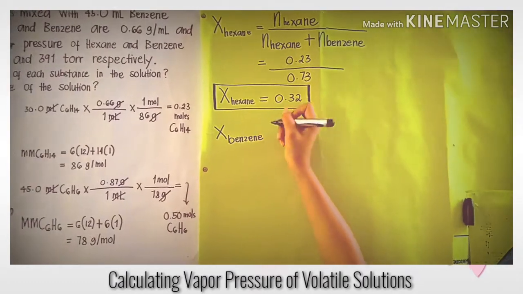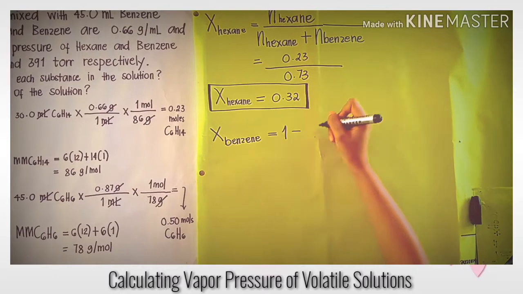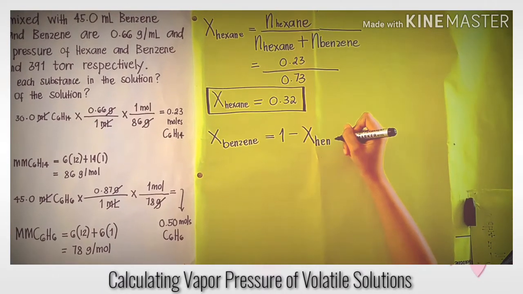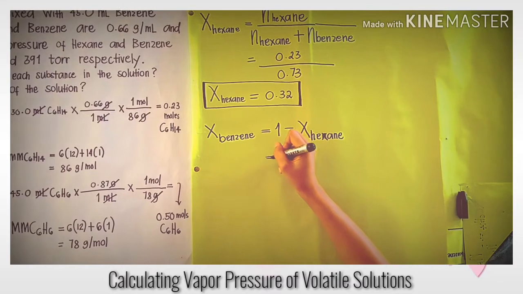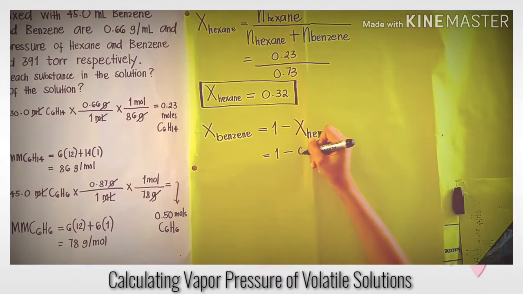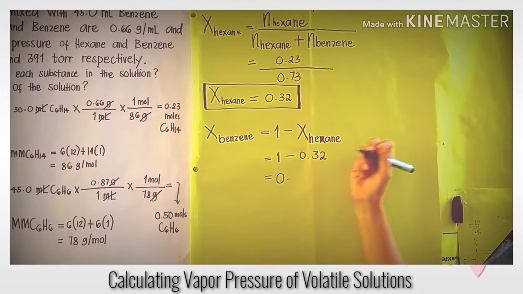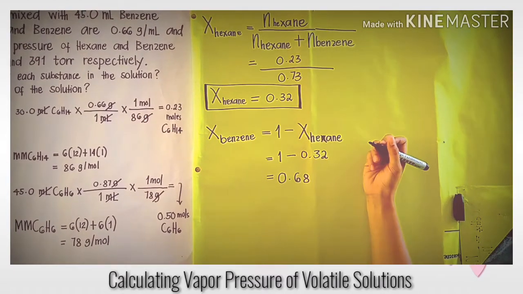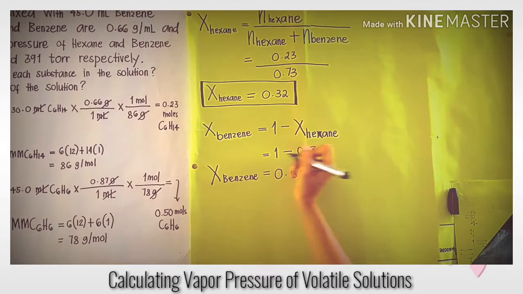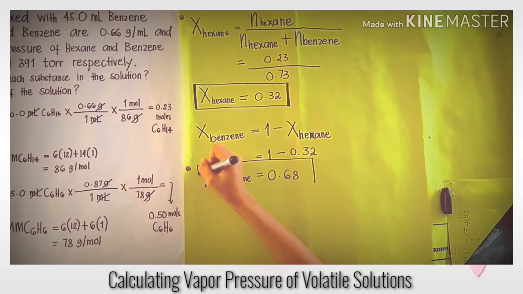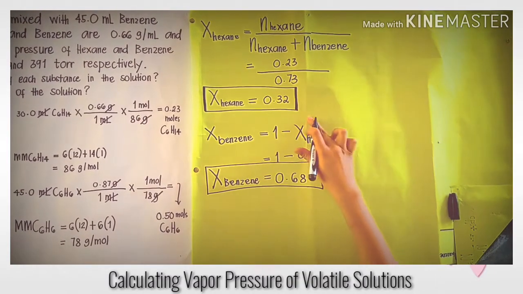Mole fraction of benzene is equal to 1 minus mole fraction of hexane, which is 1 minus 0.32, and that will give us 0.68 mole fraction of benzene. This is the required mole fraction of each substance.